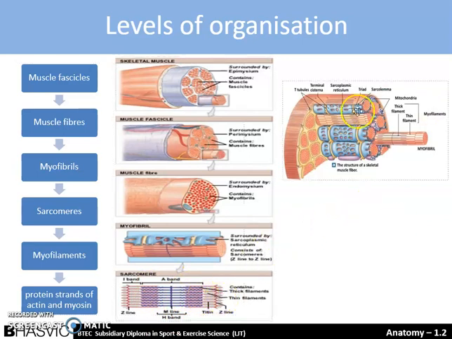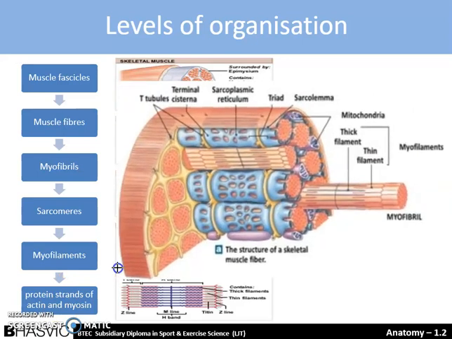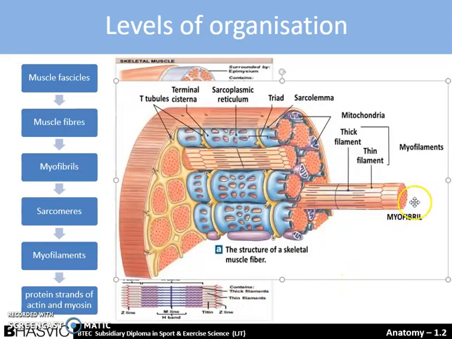This is a more detailed diagram of the microfibril structure. So you can see the single cellular section of the individual microfibril: thicker filaments in the center, thinner filaments on the side, and the Z lines.